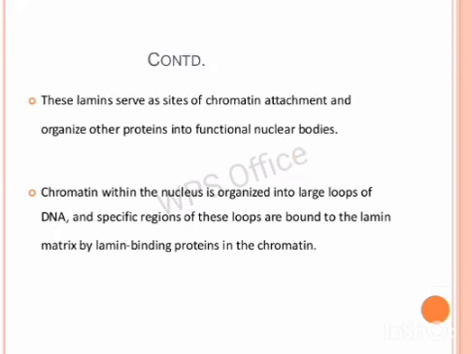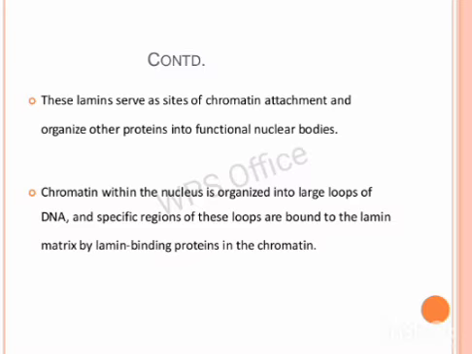These lamins serve as sites of chromatin attachment and organize other proteins into functional nuclear bodies. Chromatin within the nucleus is organized into large loops of DNA, and specific regions of these loops are bound to the lamin matrix by lamin-binding proteins in the chromatin.